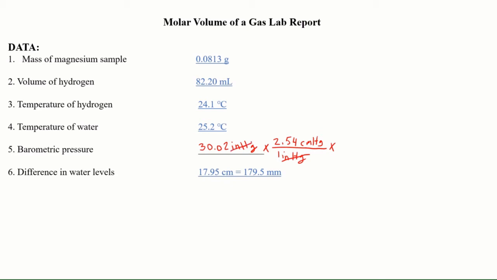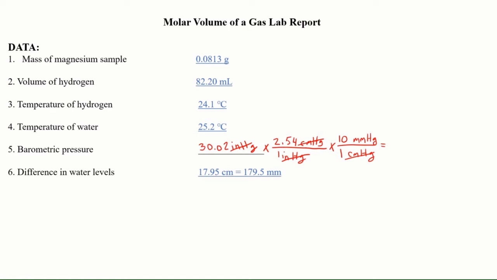Now I have my pressure in centimeters of mercury, and I could do another conversion: 1 centimeter of mercury is equal to 10 millimeters of mercury. Centimeters of mercury cancels, and now I could get my calculator and calculate 30.02 times 2.54 times 10.